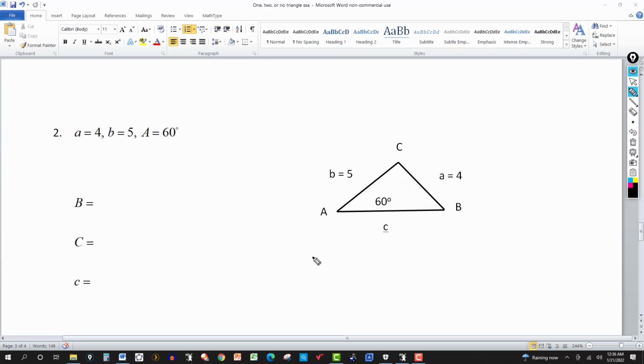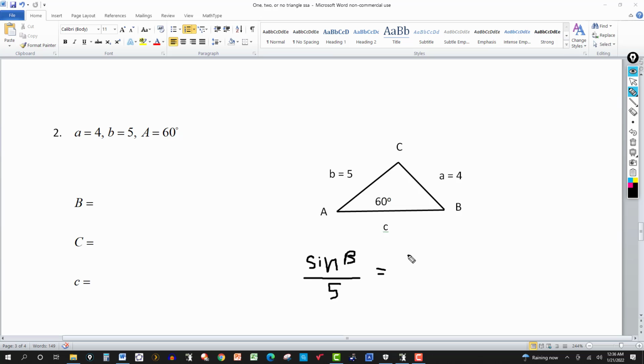So I'm going to say the sine of angle B, using the law of sines, over the length of the opposite side, that would be 5, should equal the sine of any other angle that's given.